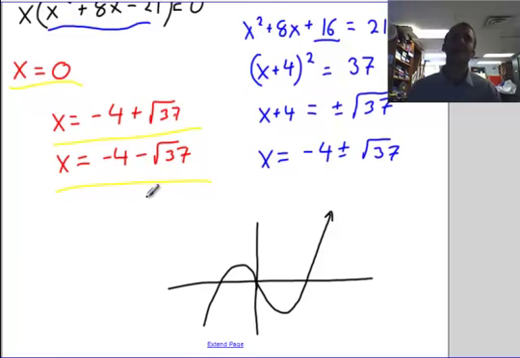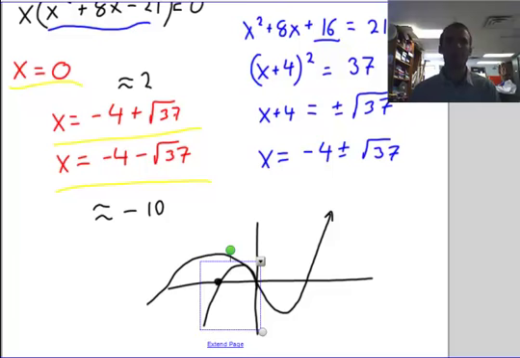Now this isn't exact. This would be roughly negative 4 plus 6, so this is about positive 2. And this is negative 4 minus 6, so that's like negative 10. So we see that it crosses. This isn't exact at all. It would be more like this, down to negative 10.